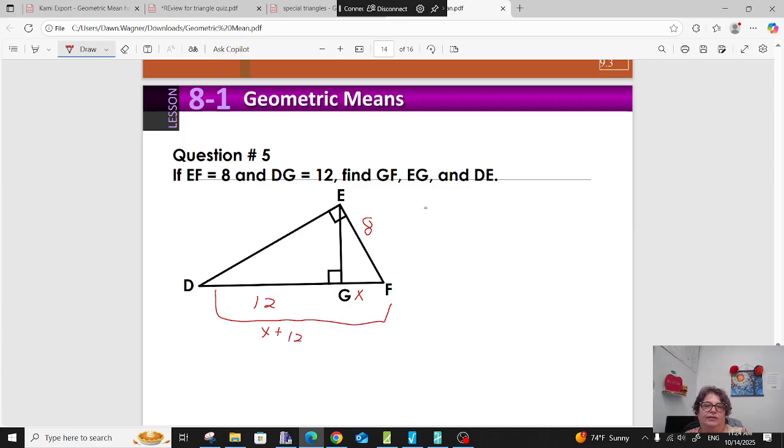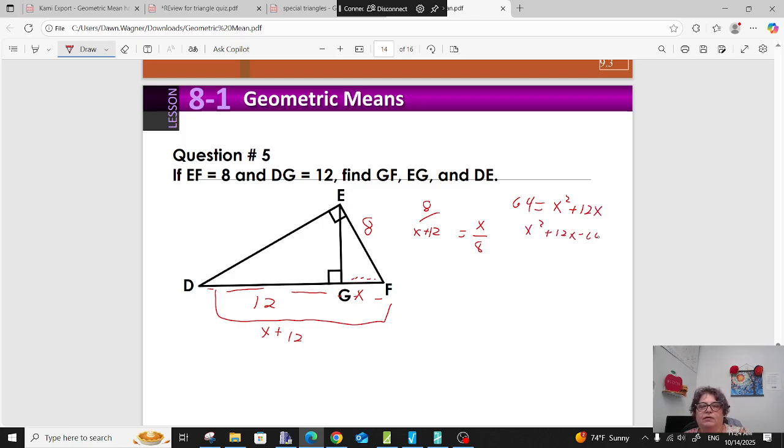So I get 8 up, because 8 is the geometric mean of the side it touches and the whole hypotenuse. So it's going to be 8 up, 8 down, X, and X plus 12. I cross multiply, I get 64 is equal to x squared plus 12x.